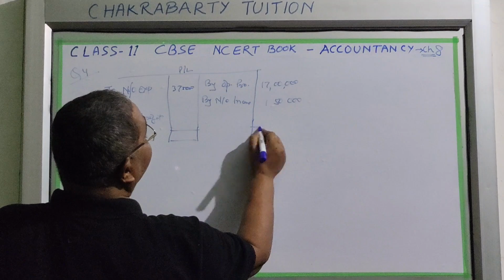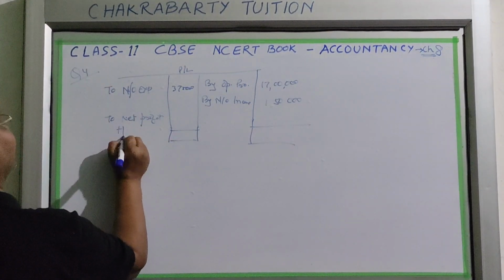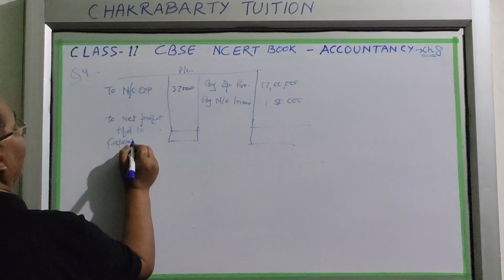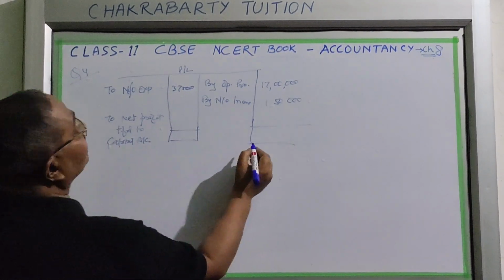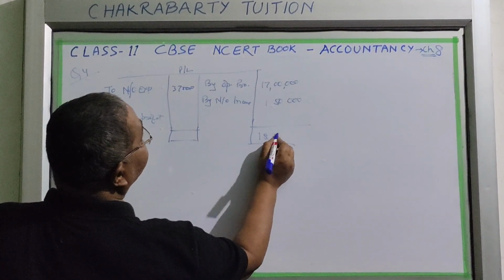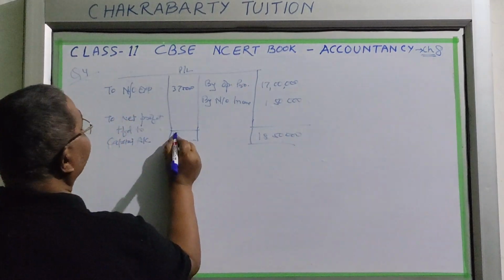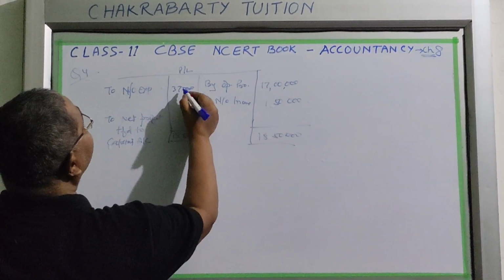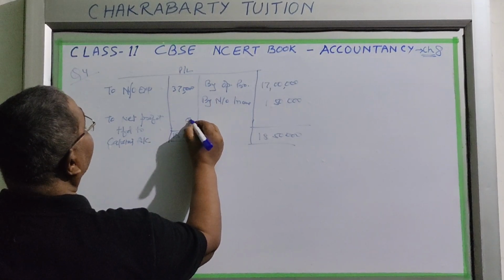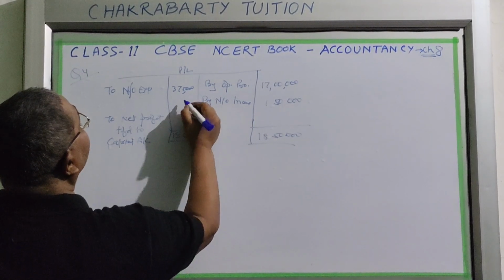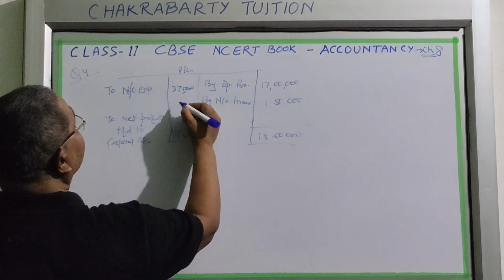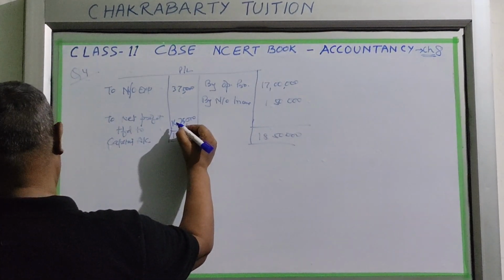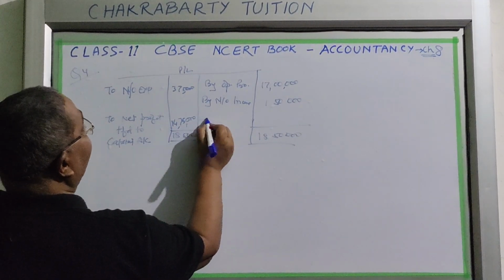Okay, and this net profit is transferred to where? Capital account. This net profit is always transferred to this. So 1850 will come here, and the difference is 375. So this is your answer.